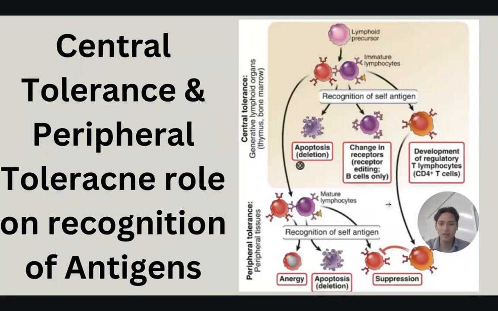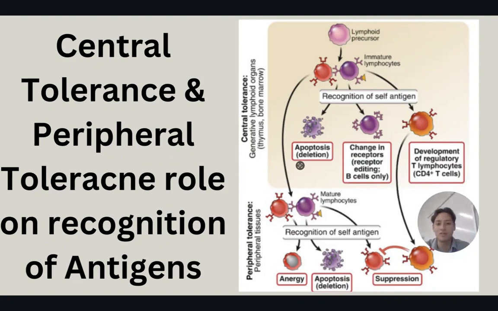Here's a diagram of central tolerance and peripheral tolerance against self-antigens. The body needs to be tolerant to self-antigens, or serious side effects of autoimmunity can ensue. These self-antigens need to be part of our body in order to maintain homeostasis. Therefore, there are multiple tolerance mechanisms.